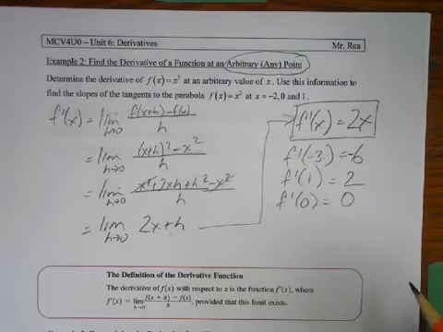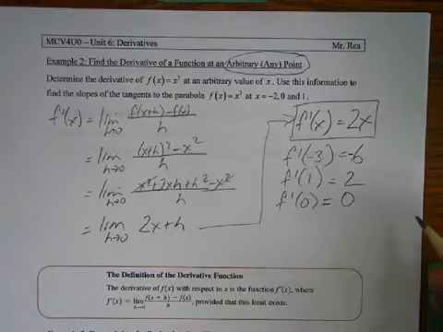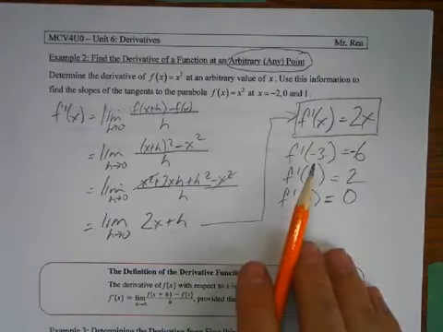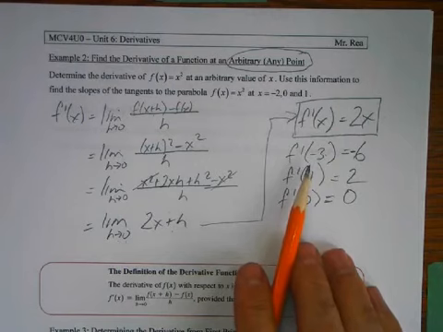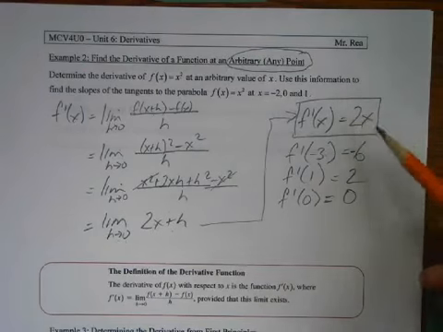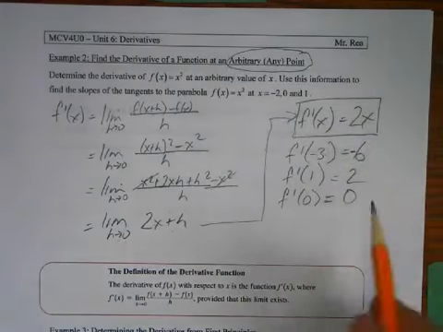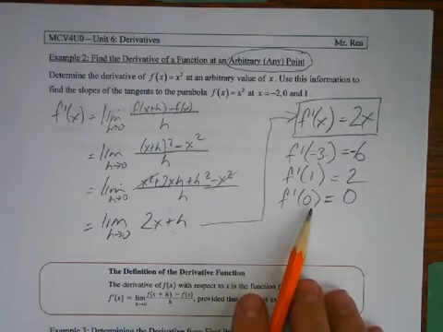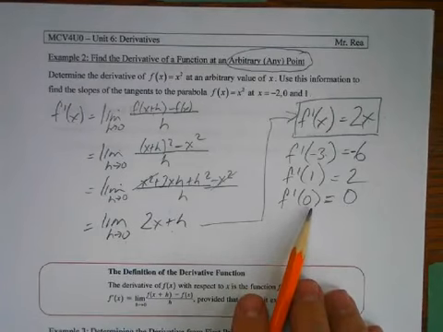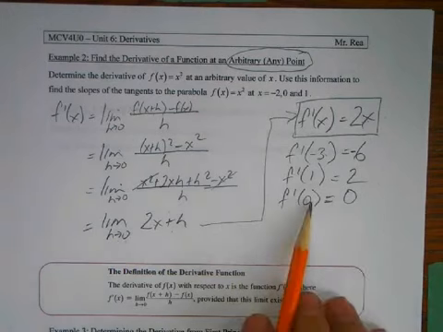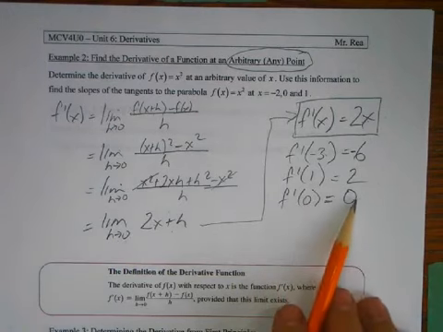Okay. Now the cool thing about this is, what are we actually doing here? Well, remember the derivative is the slope of the tangent at that point, or the instantaneous rate of change. So just using this derivative function, we can say the slope of the tangent of the function f of x equals x squared at the point x equals 0 is 0, which means it's a flat line, and that looks right.